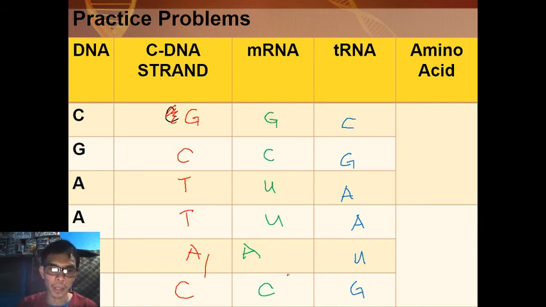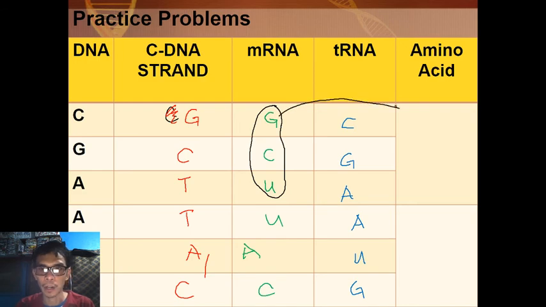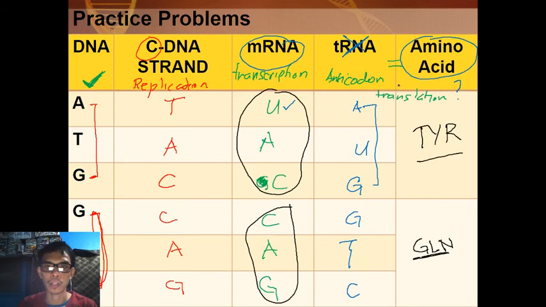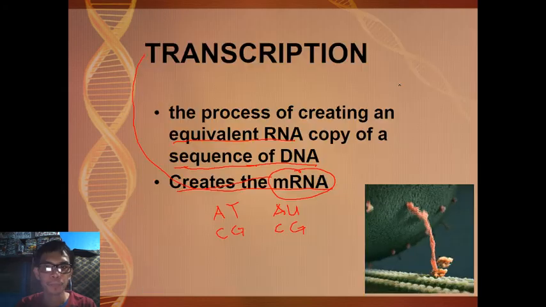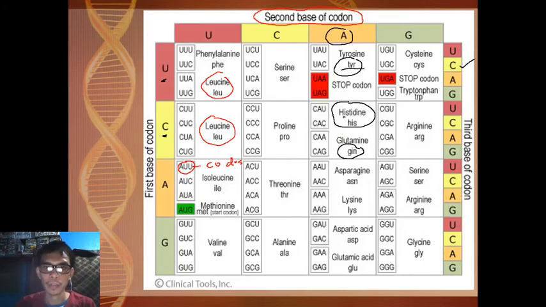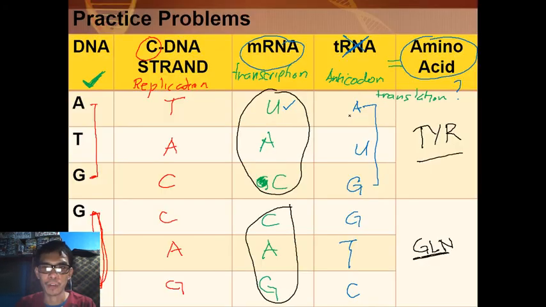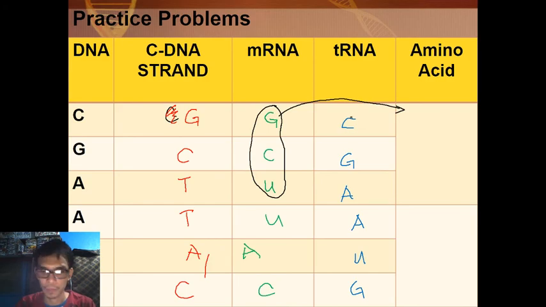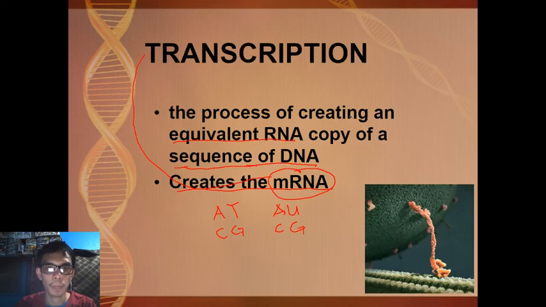Then for the amino acid equivalent, let's use black ink over here. So the amino acid equivalent of the mRNA. So let's take a look at the codon chart. Alright, so I forgot to memorize the GCU. So GCU.